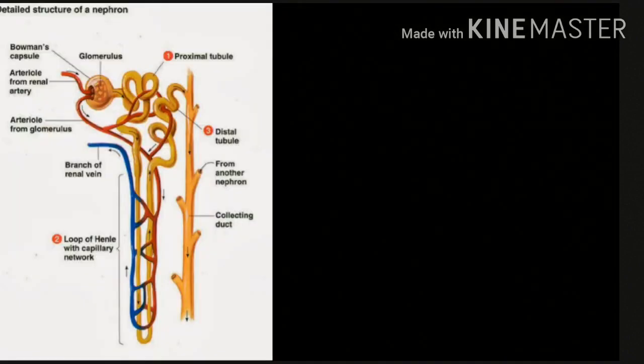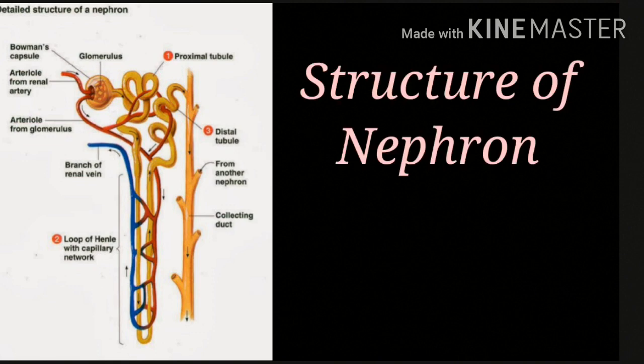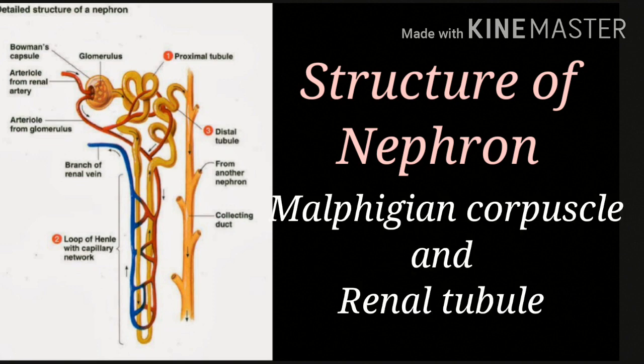Let us learn about the structure of the nephron. Each kidney consists of more than 1 million nephrons. Nephrons are uriniferous tubules, the structural and functional units of the kidneys. Each nephron consists of the Malpighian corpuscle and renal tubule.